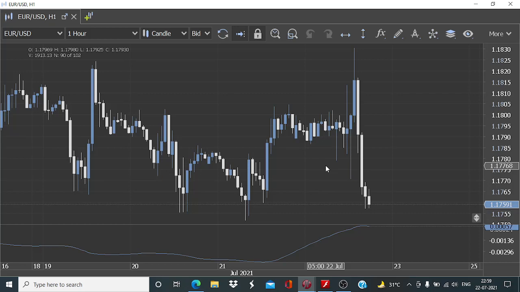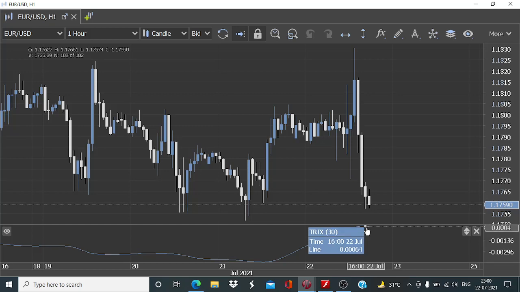For any sale trade to take place, we need the TRIX indicator to be in decline. It should have started to decline. So we are taking the last hour's TRIX output value, and that output should be lower than the TRIX output 5 hours back. And prior to that, it should have been rising. So we again go back in time and compare the output 5 hours back to the output 10 hours back, and it should be higher.